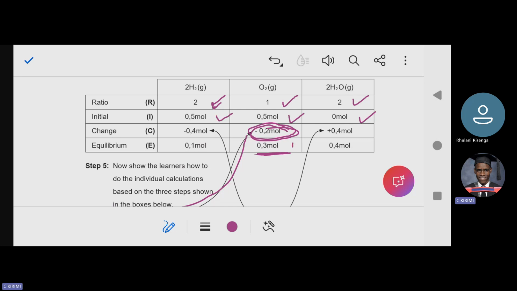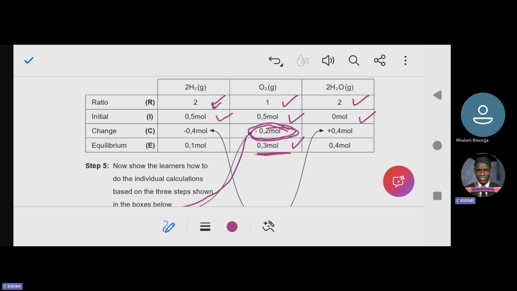Then we have found this value. So which other value should we find in terms of what we are having? We should find the change and n at equilibrium. Do you find the equilibrium first, or do you find the change?